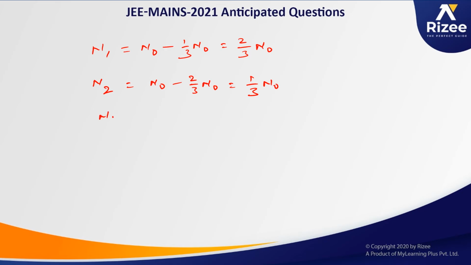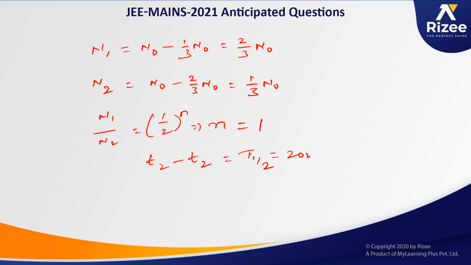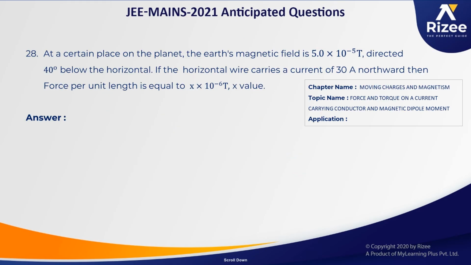So he is asking the ratio, N1 by N2 is equal to half to the power n, n being the number of half-lives. From this you can say that the n value is equal to 1. That means T2 minus T1, the time taken, is only 1 T half. And what is the T half value? That is 20 minutes. So it's another very important concept.